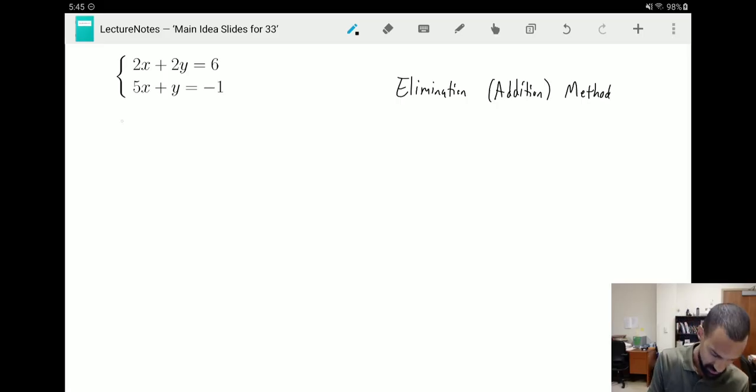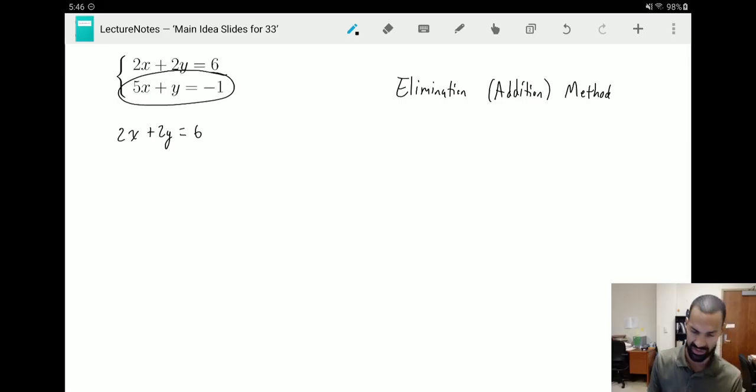So 2x plus 2y equals 6. I want to alter this second equation in such a way that if I combined the like terms vertically, one of the variables will cancel out. In this case, it's easier to change the bottom equation such that this positive y becomes a negative 2y. So how does that work?